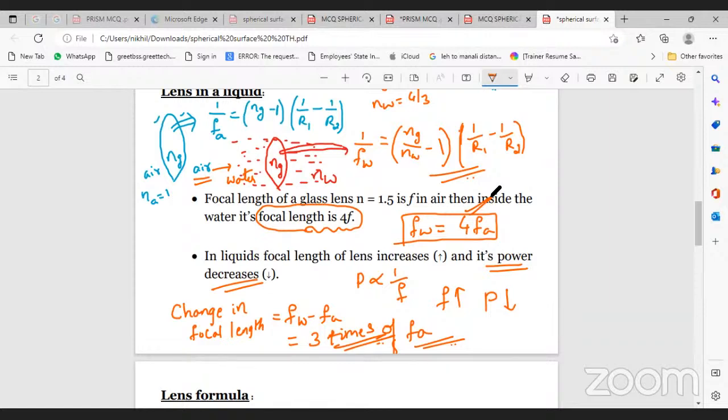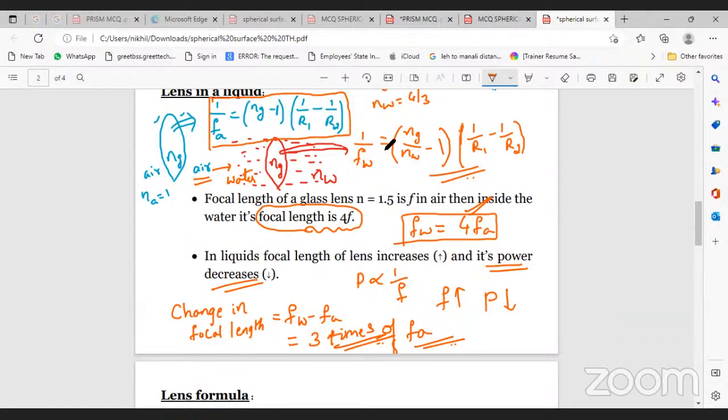Focal length becomes 4 times the focal length in air. So this is a very important formula. This is called the lens maker's formula.